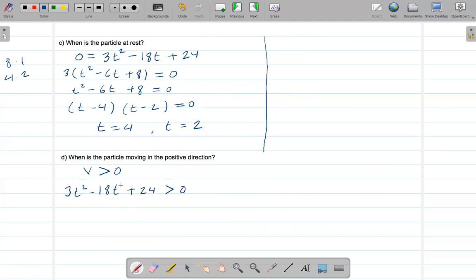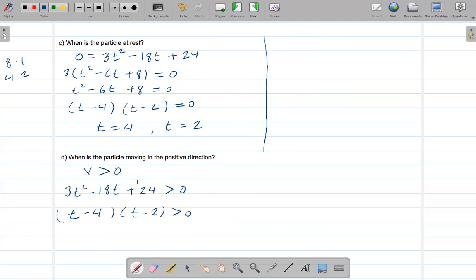Since we already found the factors of 3t squared minus 18t plus 24, we can simply write (t minus 4)(t minus 2) is greater than 0.